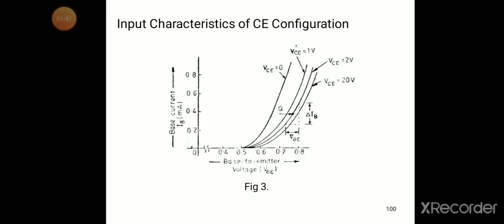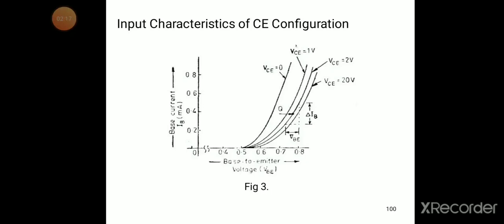Again you can see, if you increase the VCE value, 0, 1 volts, 2 volts, and so on, VCE increases at the output side. That can be adjusted by using the VCC supply voltage. The maximum value of IB is reached very fast at a VCE of 0.